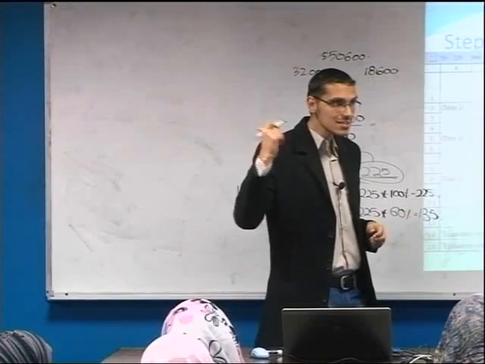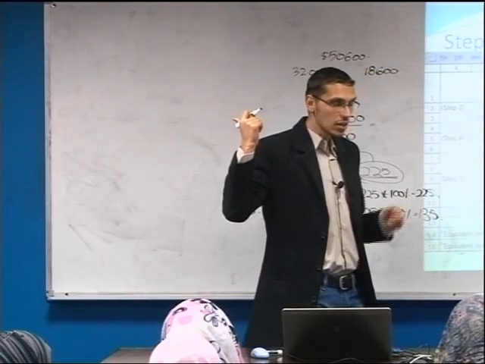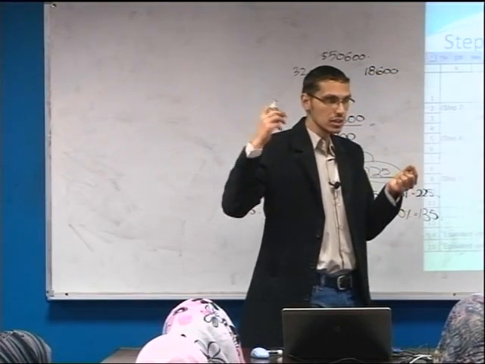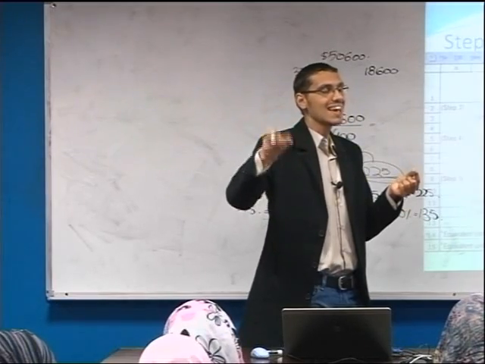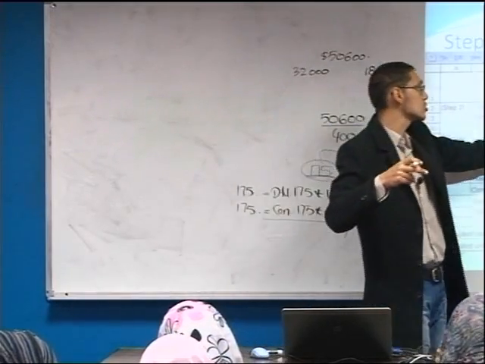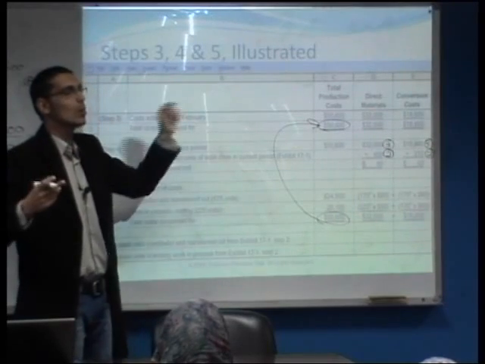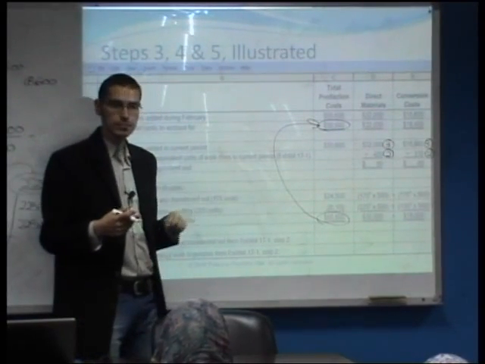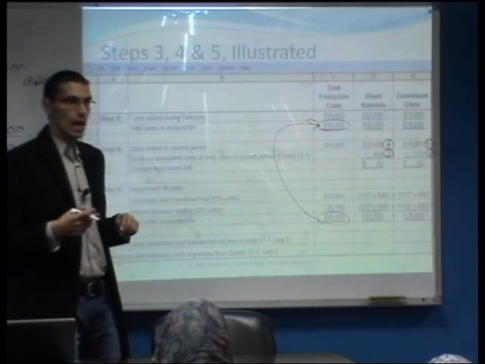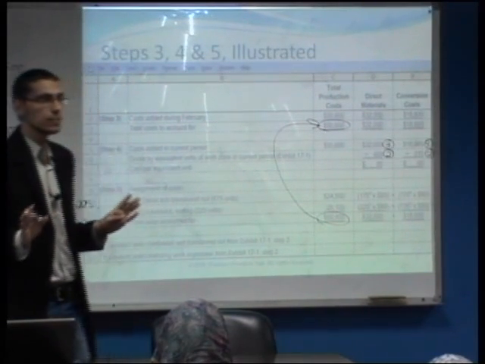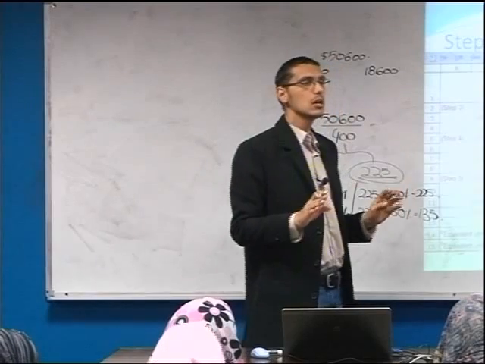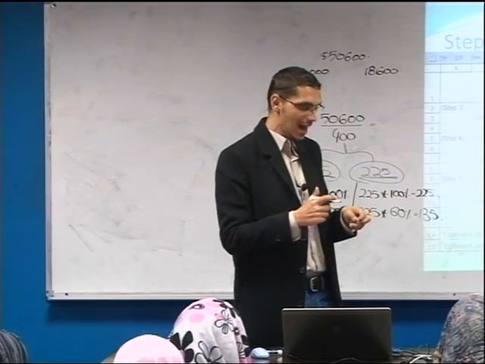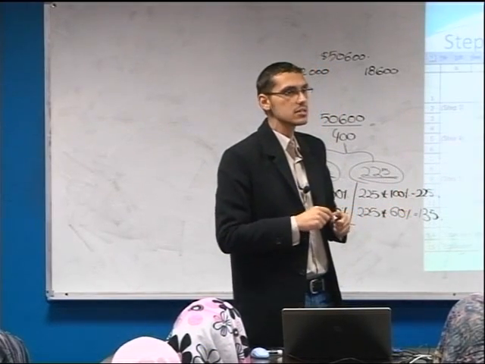The same as step number 1. The number of units to account for should equal the number of units accounted for. Here, the costs to account for should always equal the costs that are accounted for. Any questions? Therefore, this is the application of the 5 steps that we have introduced in the last lecture.